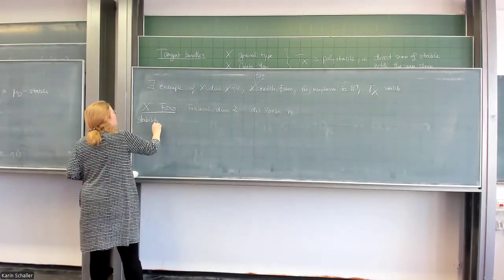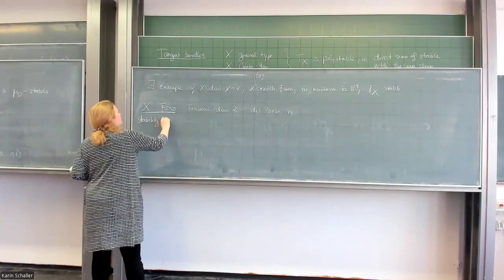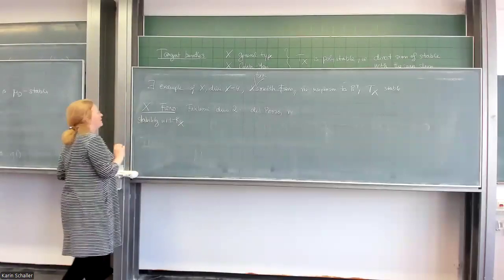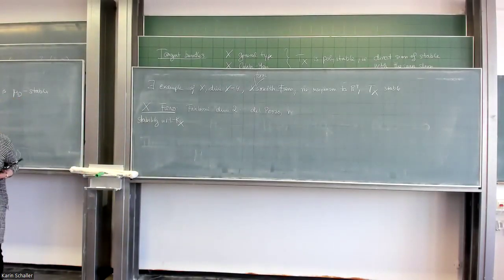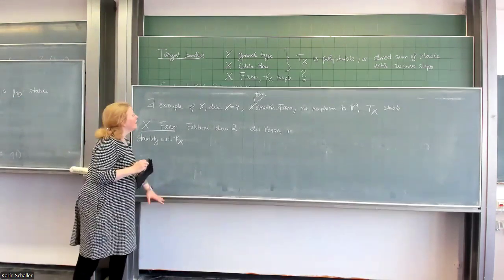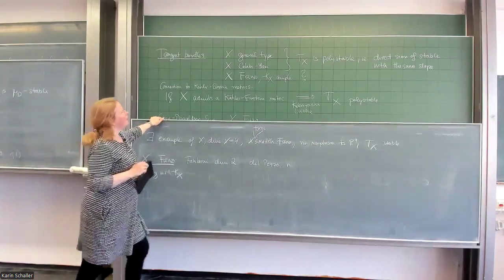We only care about stability with respect to minus K_X. I think I didn't make that clear before. What I said before, the Kobayashi-Lübke theorem says that it's fully stable with respect to minus K_X, the anti-canonical polarization. So if you have a Kähler-Einstein metric, then let me see here.